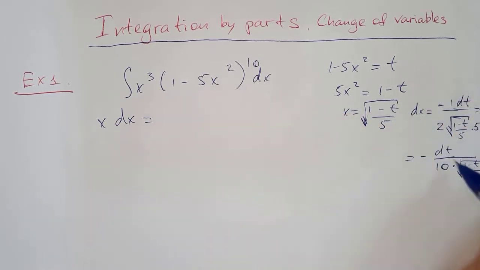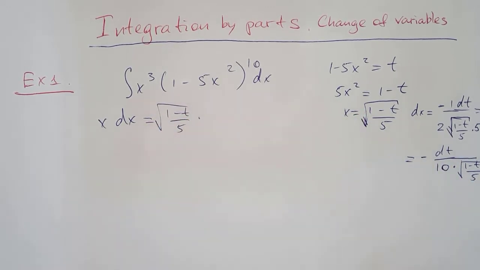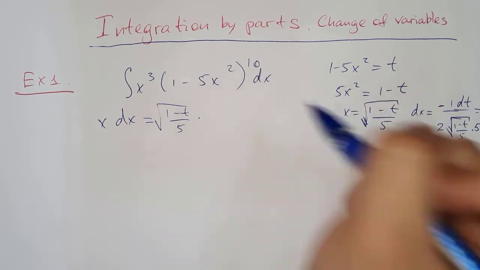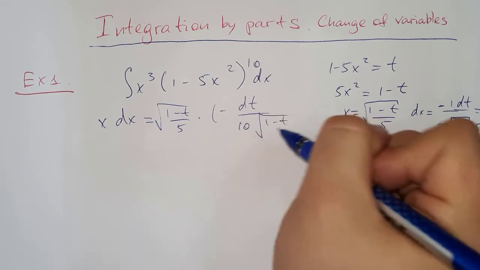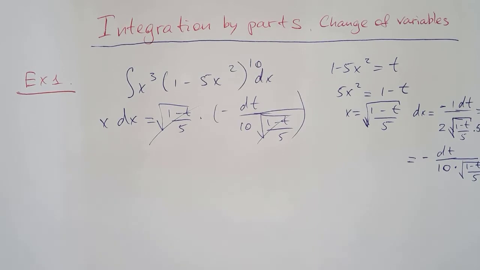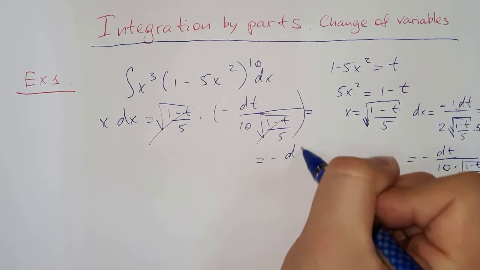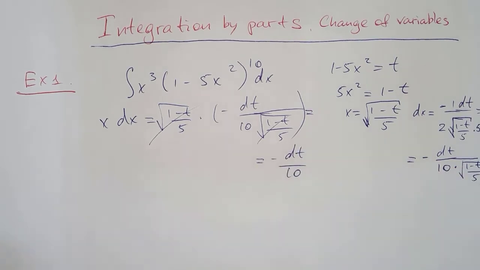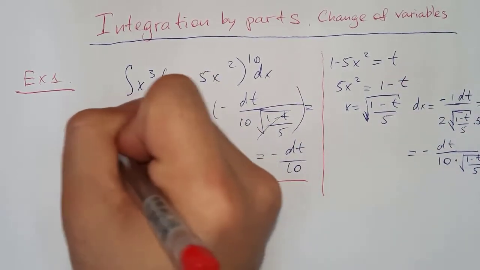Yes, they are cancelled. So this is the square root of (1 minus t) over 5 times minus dt over 10 times the square root of (1 minus t) over 5. So they are cancelled and we have just minus dt over 10. So this is our x dx.